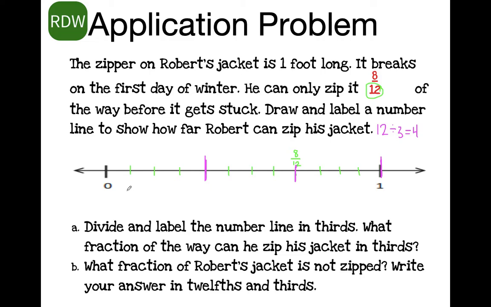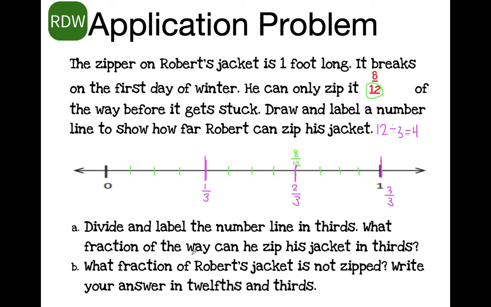I have thirds. Now we want to label our number line into thirds as well. So here's 0 thirds. We're going to label it on the bottom of our number line. We have 1 third, 2 thirds, and then this one would be 3 thirds. Okay.